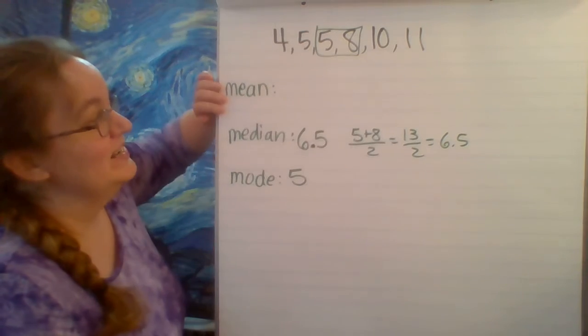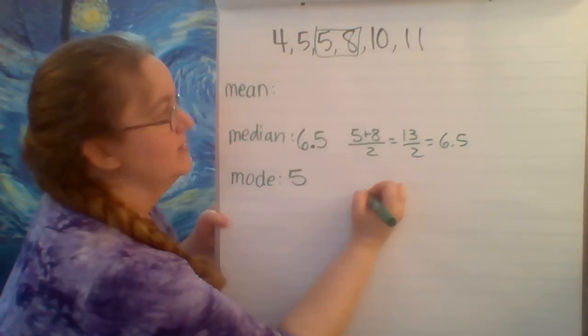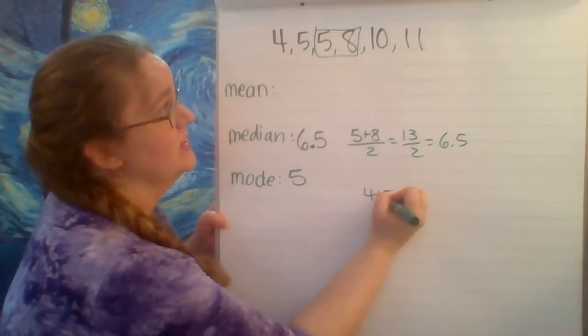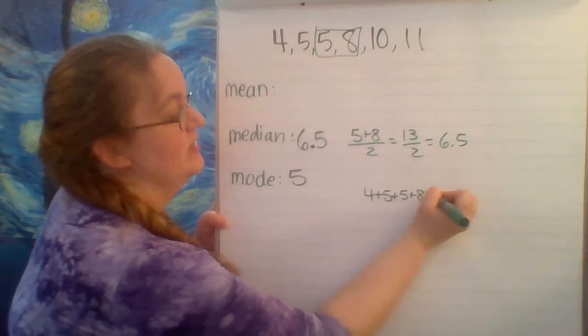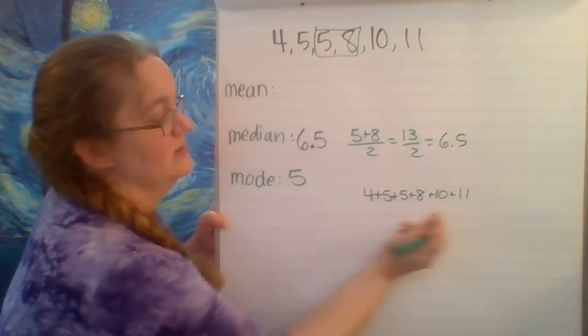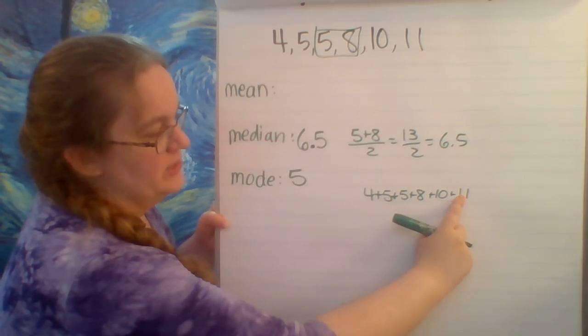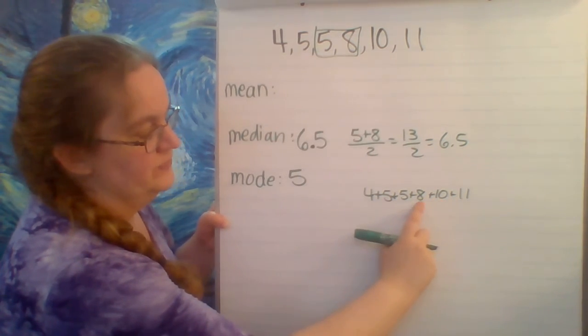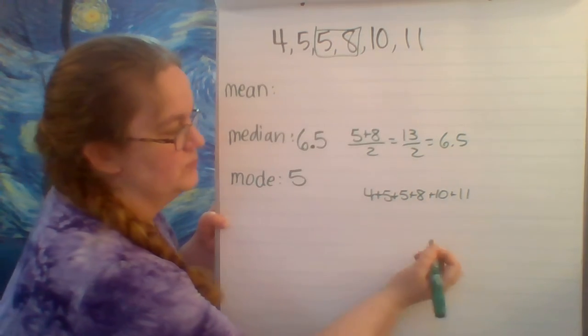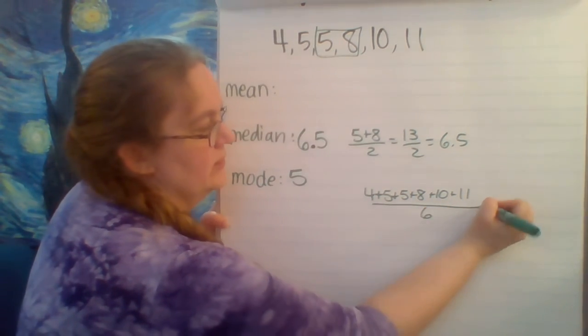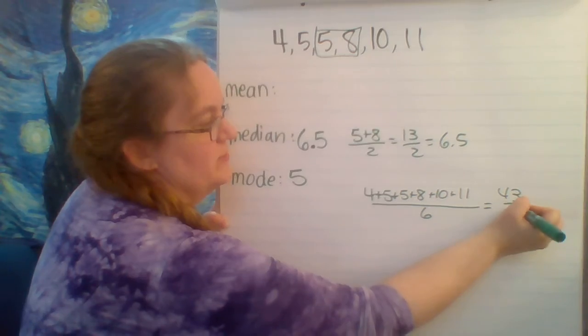Okay. All right. And so finally with the mean, I'm going to add them up. So 4 plus 5 plus 5 plus 8 plus 10 plus 11. Okay. This is 9, plus 10 is 19, plus 11 is 30, plus 8 is 38, and 5 more is 43. And so I get 43 divided by 6.